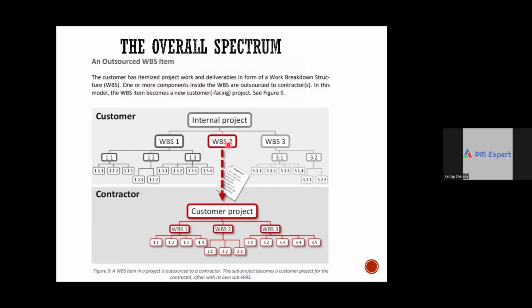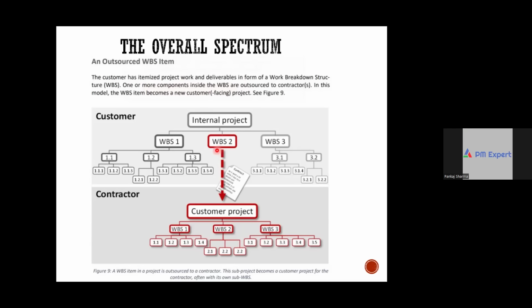Suppose this work breakdown structure represents the scope baseline. It has a work package or component WBS2, and they decided to outsource this WBS2 to, let's say, KPMG. Right, Mukul? Yes.